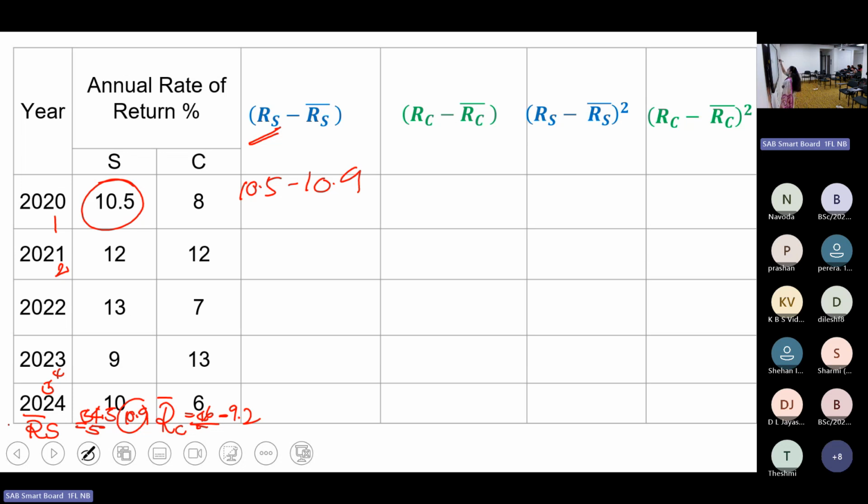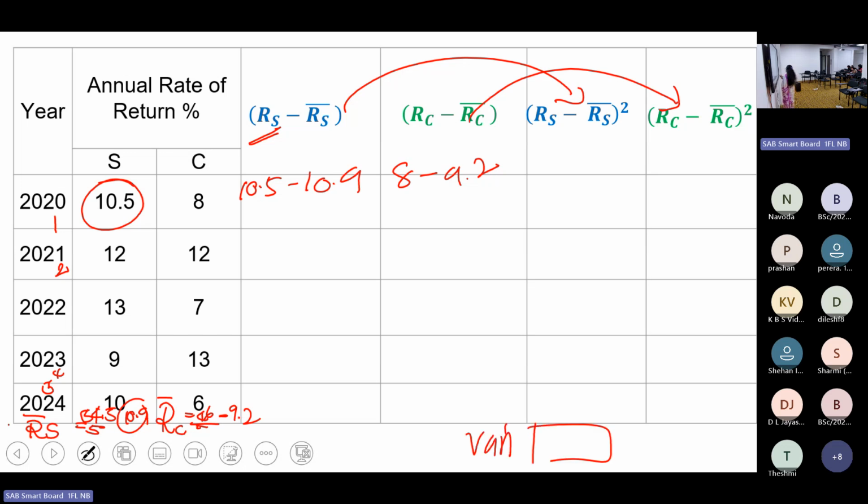The other one, 8 minus 9.4. Square these values and then take the total, that is the variance. Based on the variance, calculate the standard deviation. Calculate the standard deviation as homework, complete it and come to the next week.